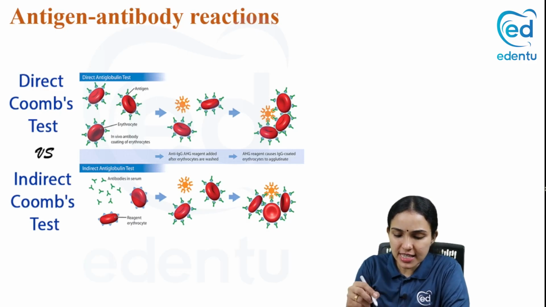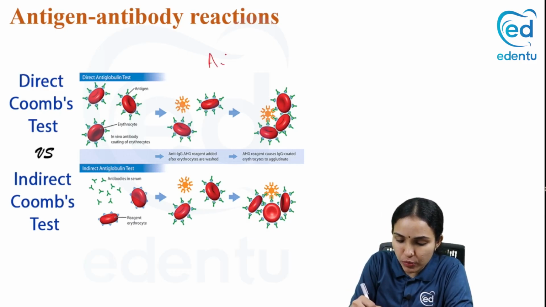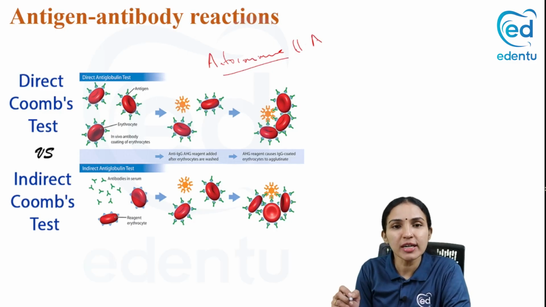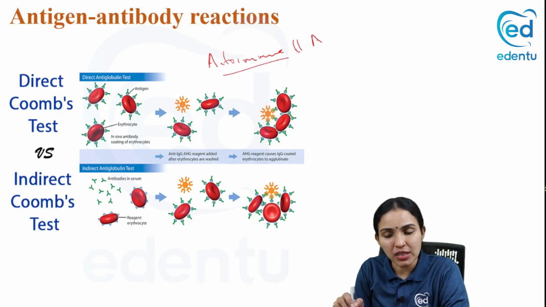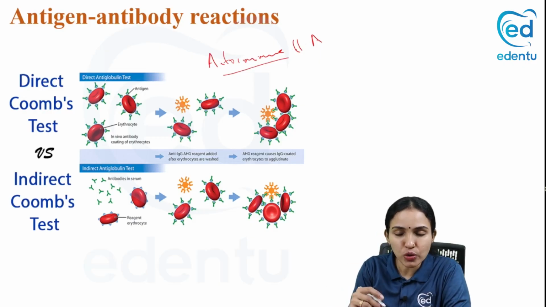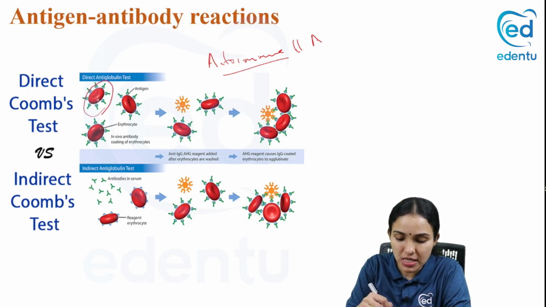We'll take an example of autoimmune hemolytic anemia for direct Coombs test. So what happens in autoimmune hemolytic anemia? In patients' blood, autoantibodies are produced against their own RBCs. So those antibodies would have been bound to their RBCs. You can see the patient RBCs which are already coated with antibodies.